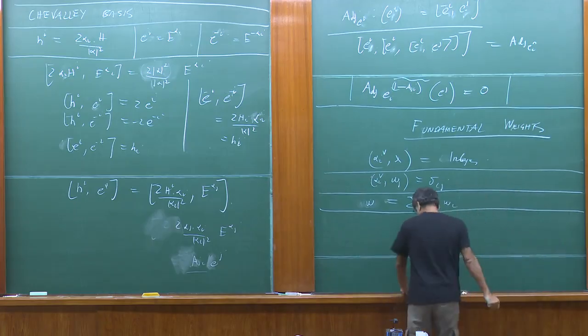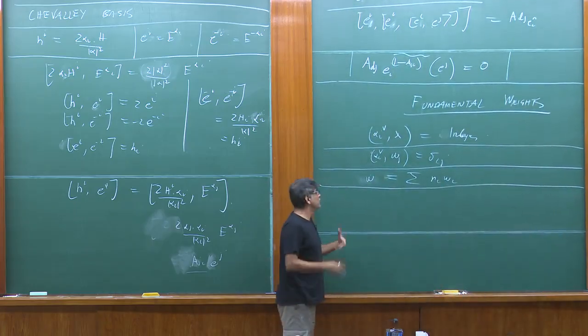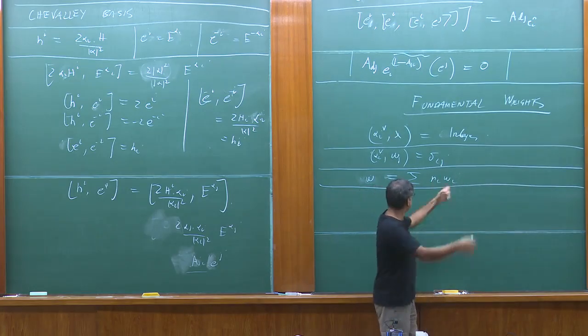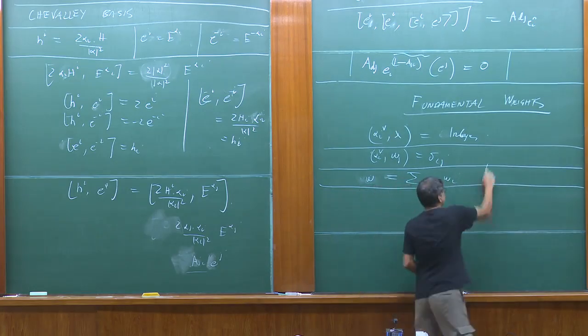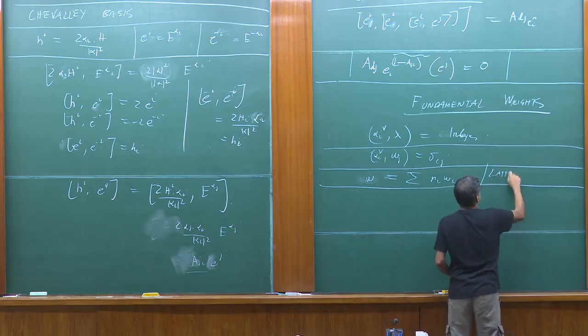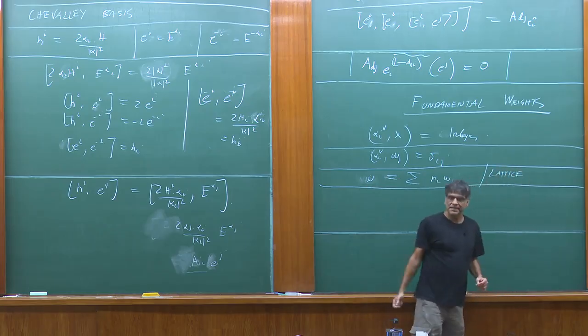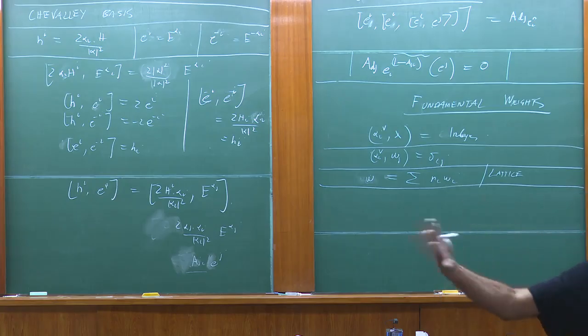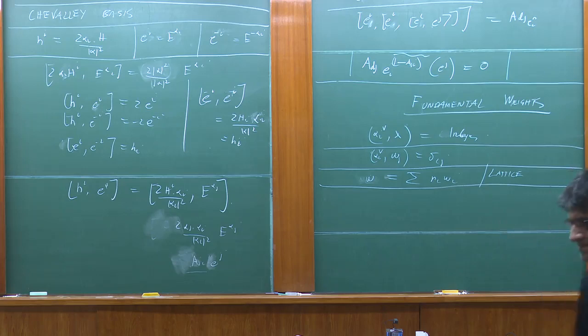And people sometimes define, you see, the fact that you've got these integer combinations of some basis vectors defines a lattice. The set of all possible integer combinations of fundamental weights is a lattice, and this is called the weight lattice. All weights are some elements in the weight lattice.